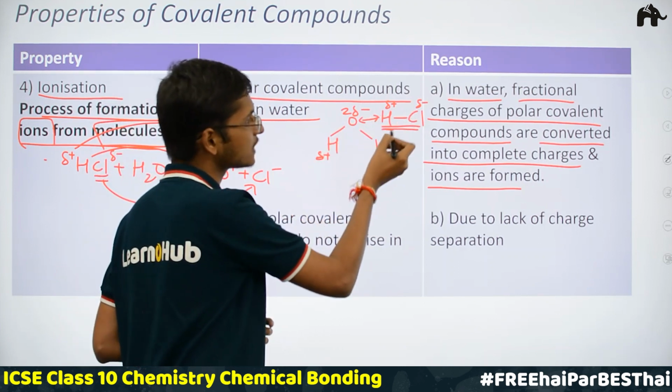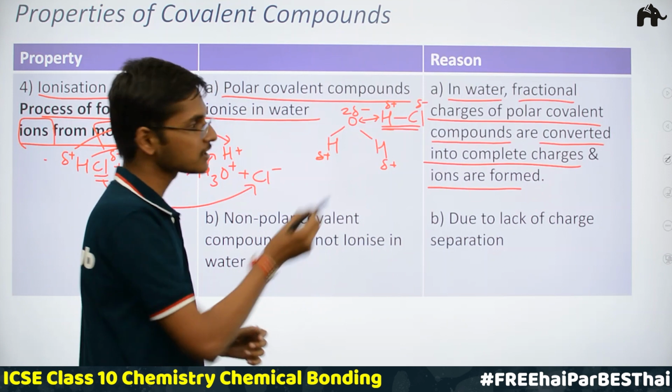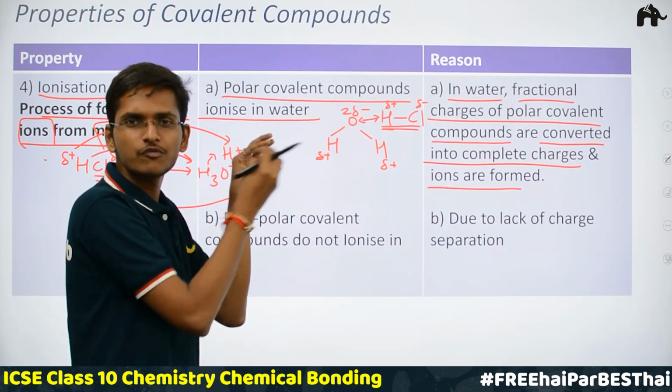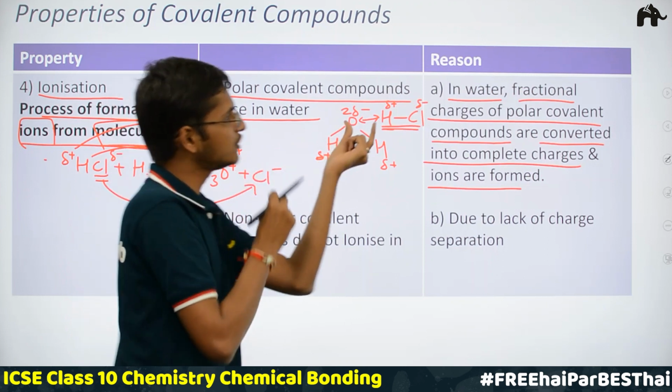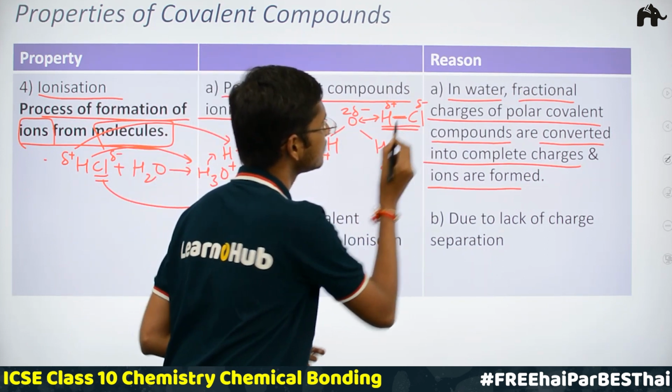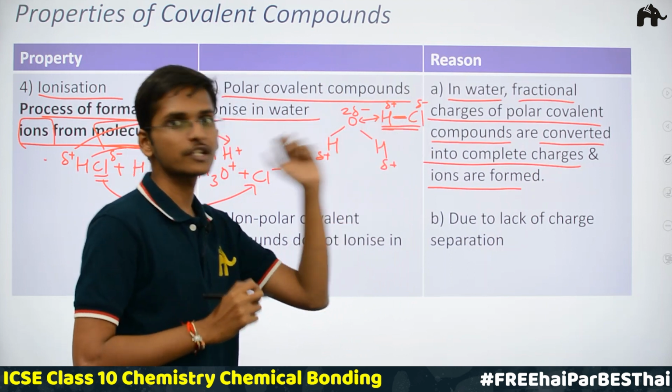Why? Because this hydrogen is slightly positive and oxygen is slightly negative. Between negative and positive charge there is a force of attraction, and this force of attraction weakens the force of attraction between hydrogen and chlorine.